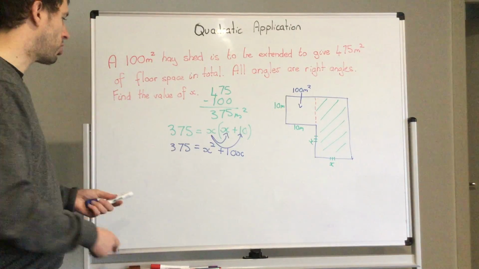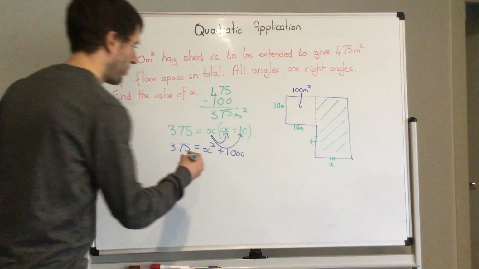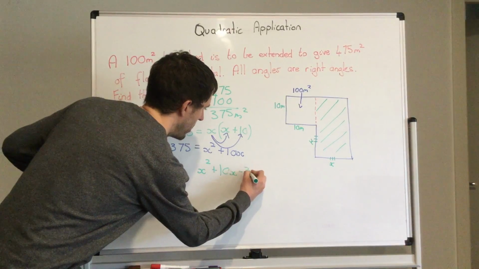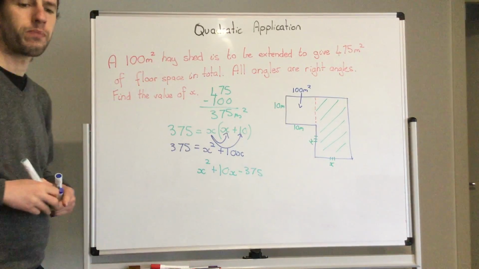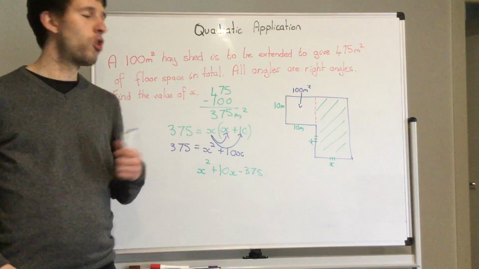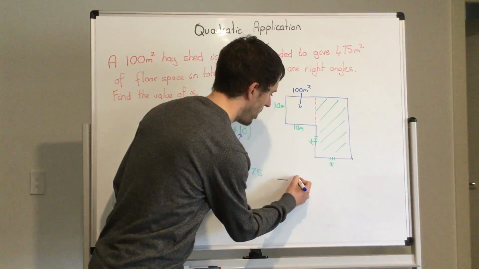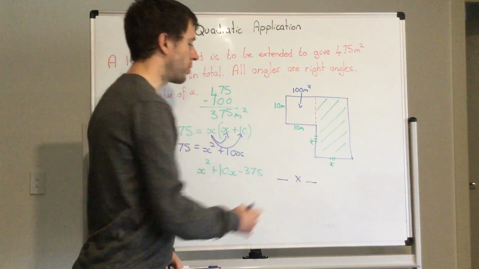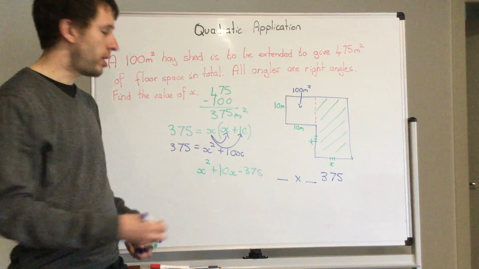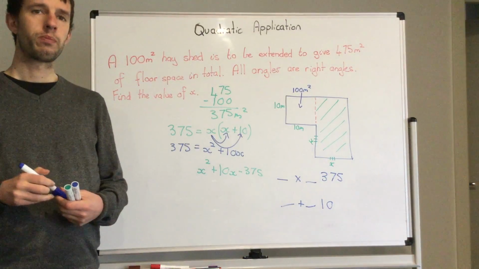Starting to look like a quadratic, I'm going to take this 375 over to the other side, which means I'm going to have x squared plus 10x minus 375. So now I've done this, just think about a normal quadratic. To find our x places, we need to think about two numbers that times together to equal c, which is 375, and those same two numbers must add up to 10, which is b.